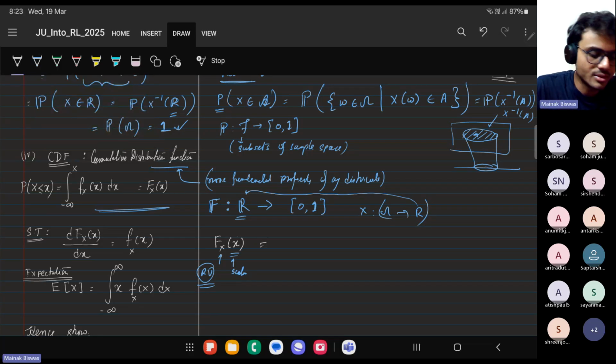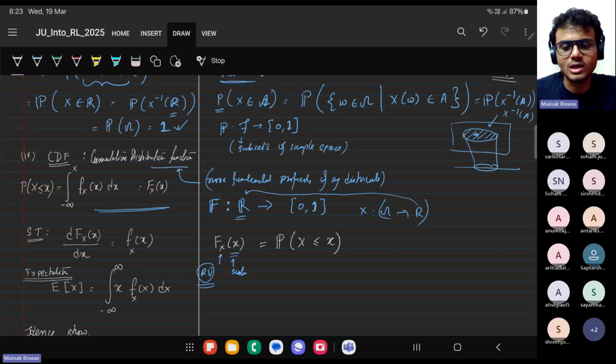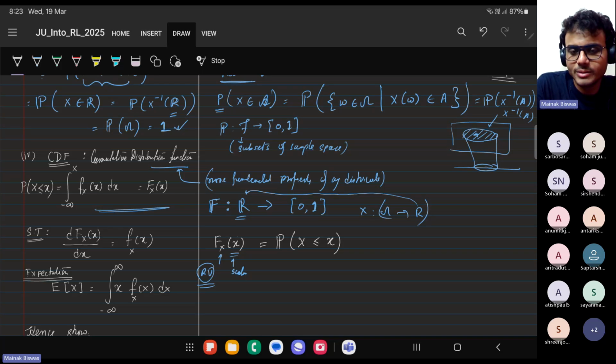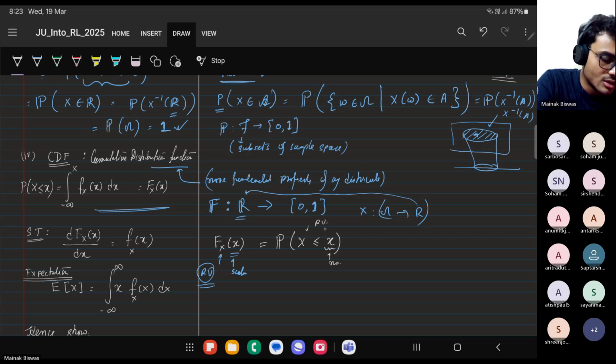So how do you define it? We have seen it last time. This is the probability that the random variable X is less than or equal to a scalar, a value you are trying to manipulate, that is small x, right? Fine. There is a little bit of overloading of notation over here. Whenever I'm writing this script x, this is a number, and whenever writing capital X, this is the random variable.